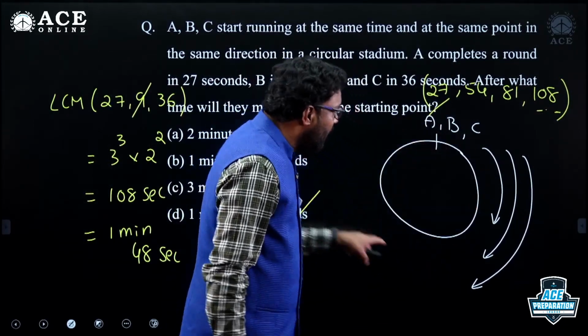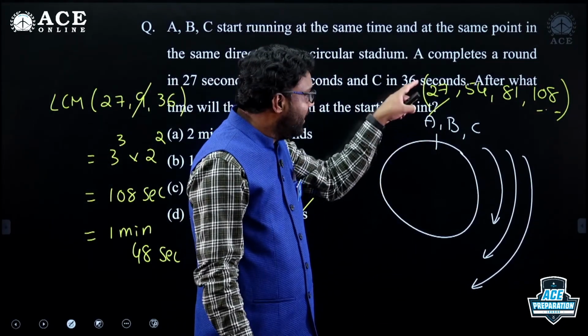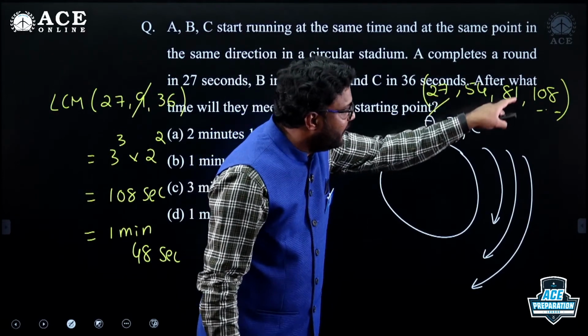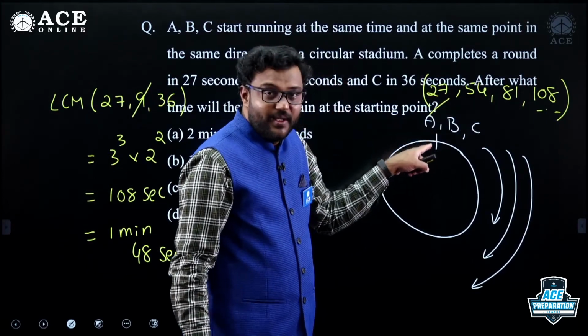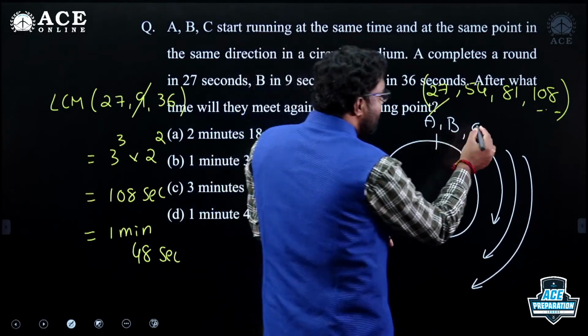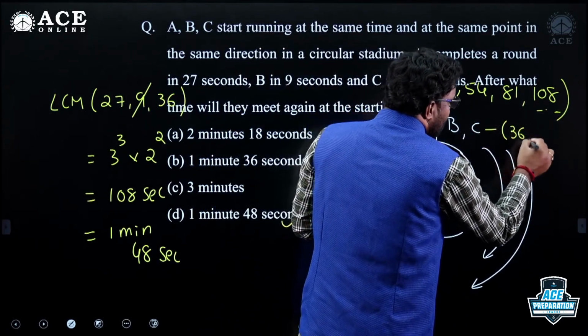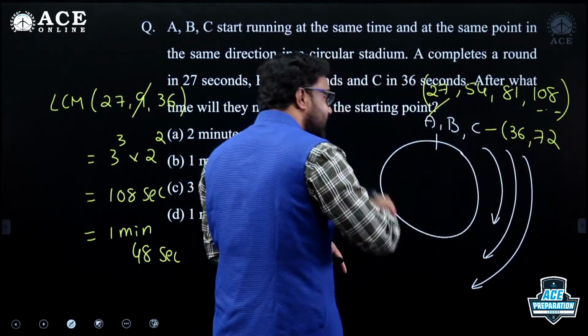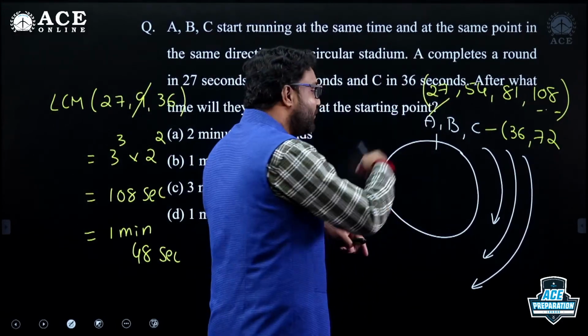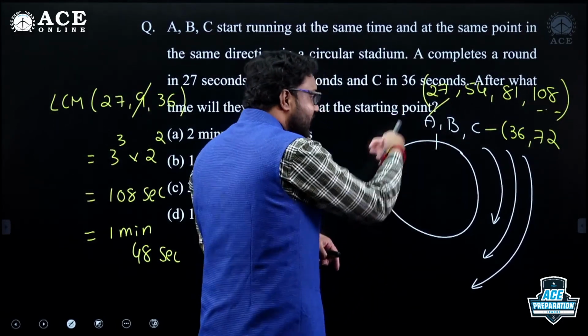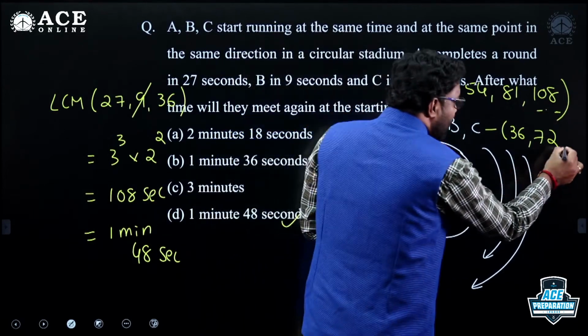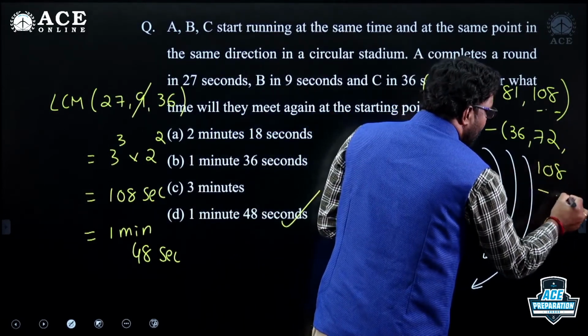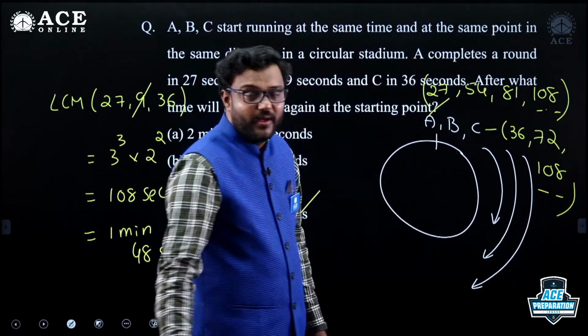Completing 1 round in 27 seconds means at 27, 54, 81, 108, he will be at this point. Whereas C, in a similar fashion, is at 36, 72. Every 36 seconds he is completing this round. Consider he is moving infinitely. 36, 72, next 108. Likewise, he will come to this starting point at 108 seconds.